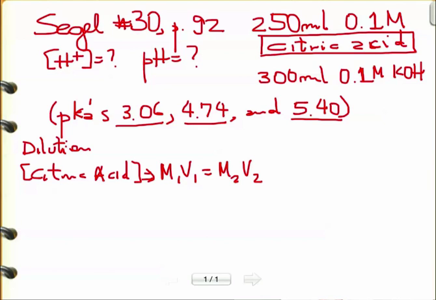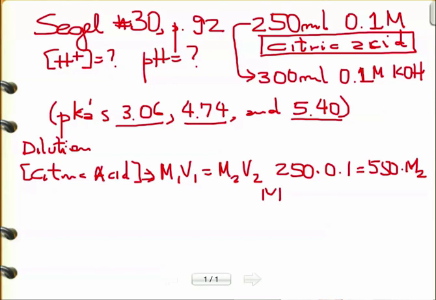We talk about the reactions later. So M1V1 equals M2V2, the formula that we have been using for this kind of problem. We have 250 milliliters, 0.1 molar of citric acid, and the final volume now is 250 plus 300, 550 milliliters, okay?